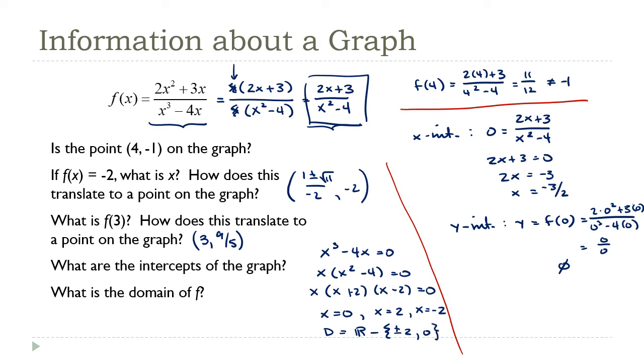And now hopefully you see where the problem is. The function is not defined at 0. So we can't substitute 0 for x. The function isn't defined there. So my answer here would be the function has an x-intercept at x equals negative 3 halves, and it doesn't have a y-intercept because it is undefined at x equals 0.